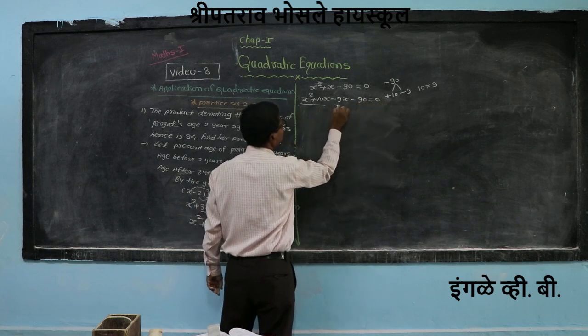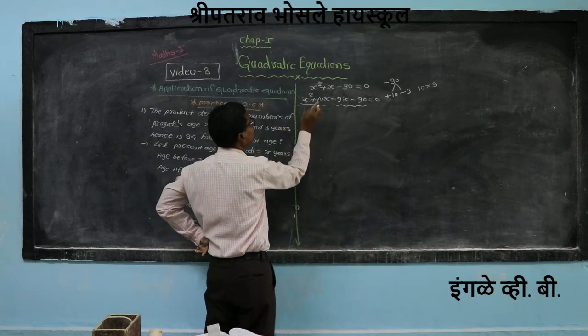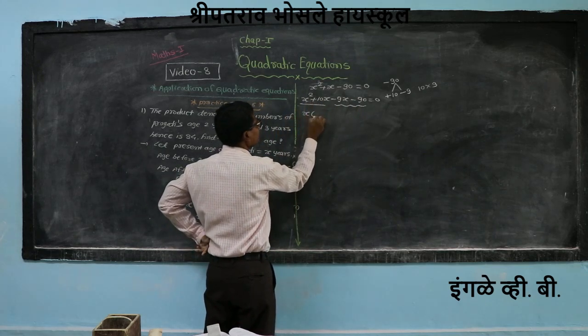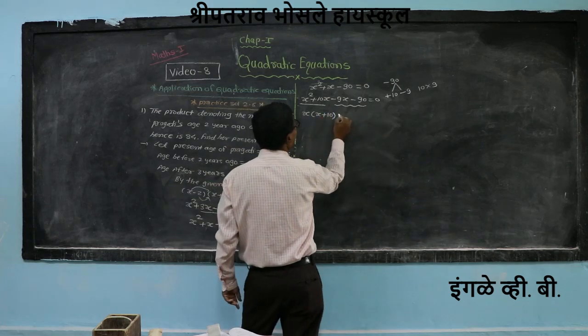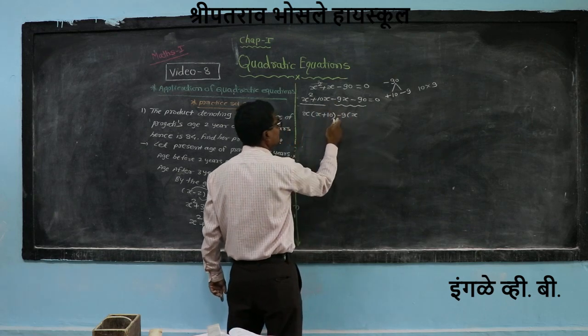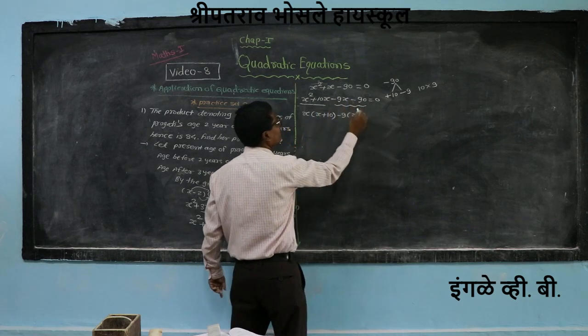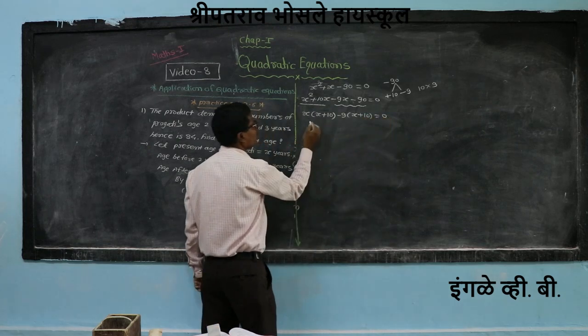Take common from these two terms, and common from these two terms. From the first and second term we get common x plus 10. From the second bracket we get minus 9 common, and x minus... so this becomes positive, plus 10 is equal to 0.